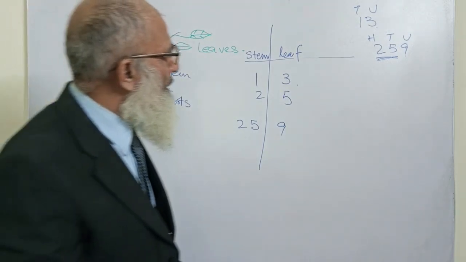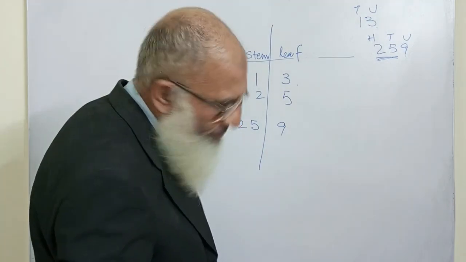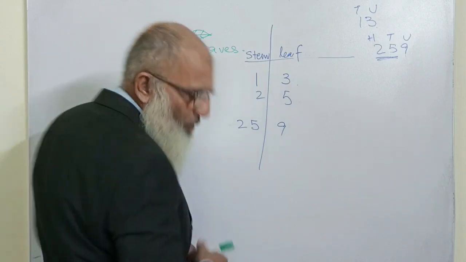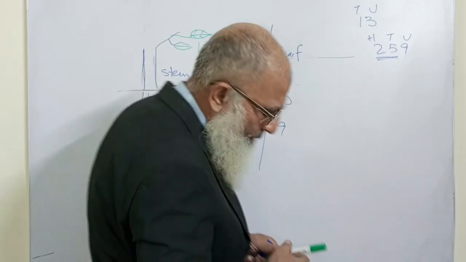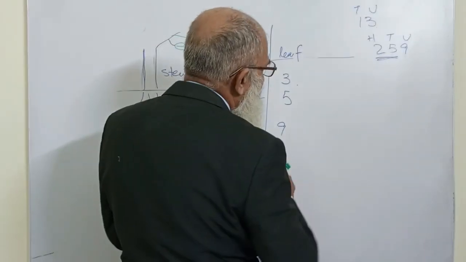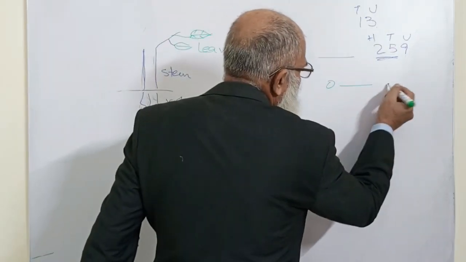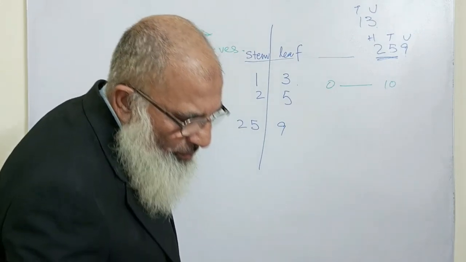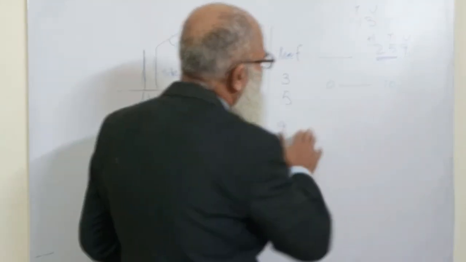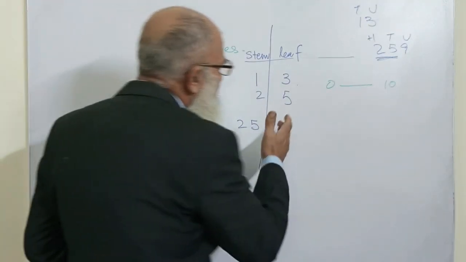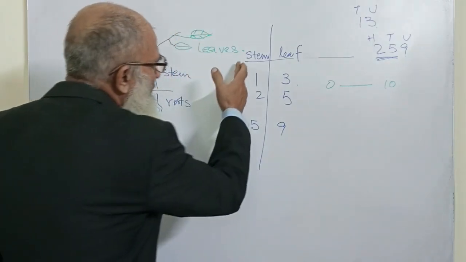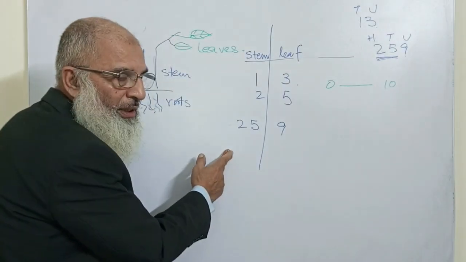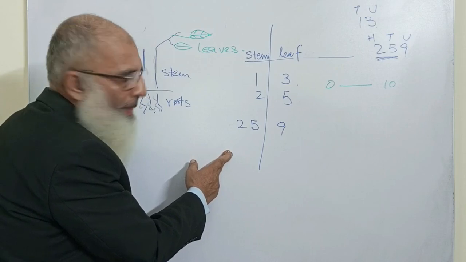If you have a smaller data, for example, from 0 to say 10, you can write up to 5 stems only.